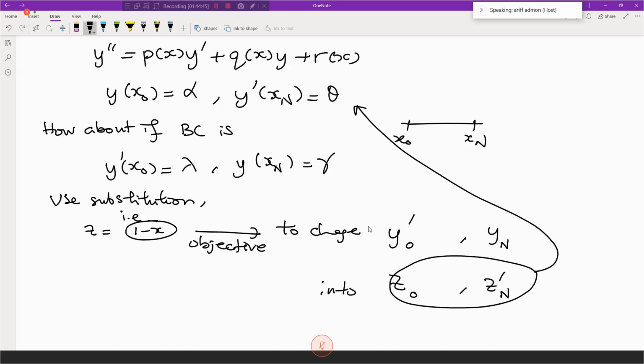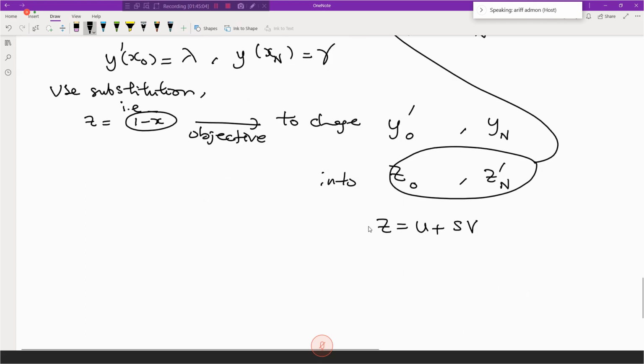So when you have this form, then you can use the same technique, IVP1 and IVP2, and use superposition to get the solution. But for this one, maybe you are using Z equal to U plus V. When you are solving U, do not use another symbol Z, because we use that here.